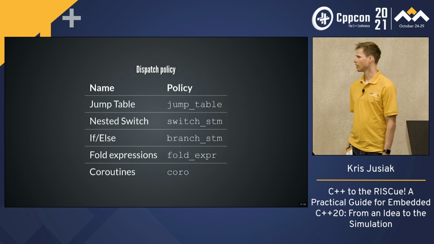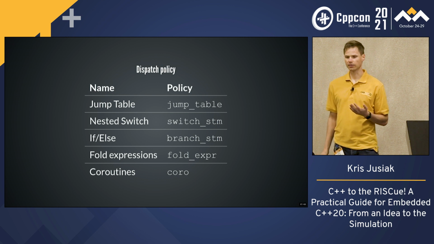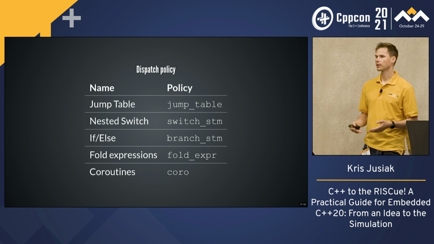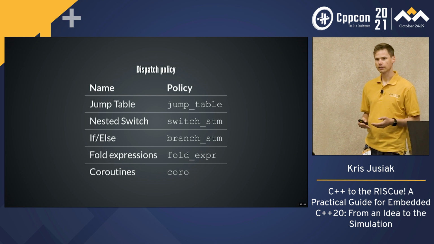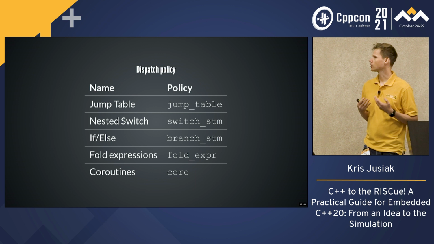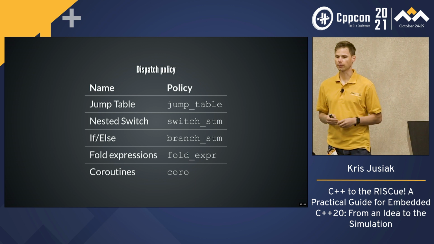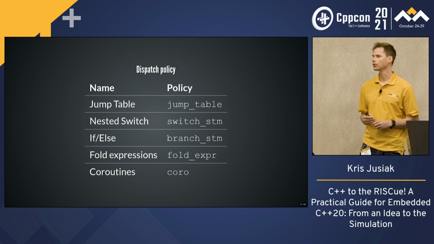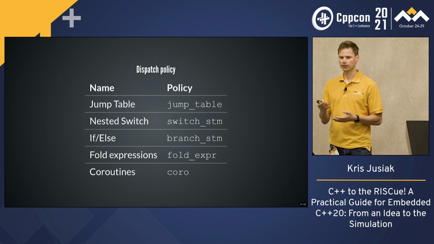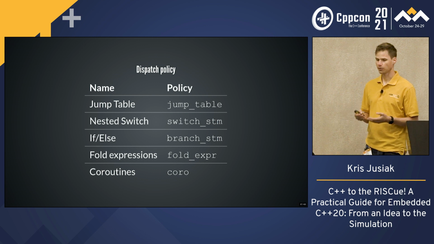And why? One of the reasons why we will get better performance is because when we express what, and not how, we can abstract the underlying implementation and get it to the best performance possible. So there are different policies in SML which we can use in order to get the best performance possible. One of them is the jump table, and all of that is regarding the change in the state and dispatching policy.